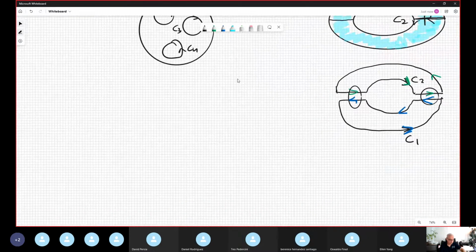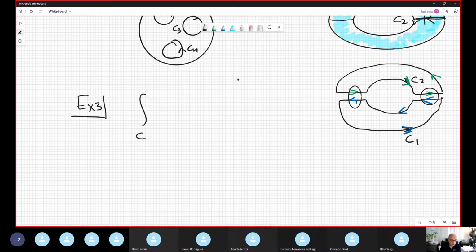Suppose que I need to compute this example 3, no? Example 3 computes this integral over C of (3x minus 2y) dx plus (x minus 4y) dy.